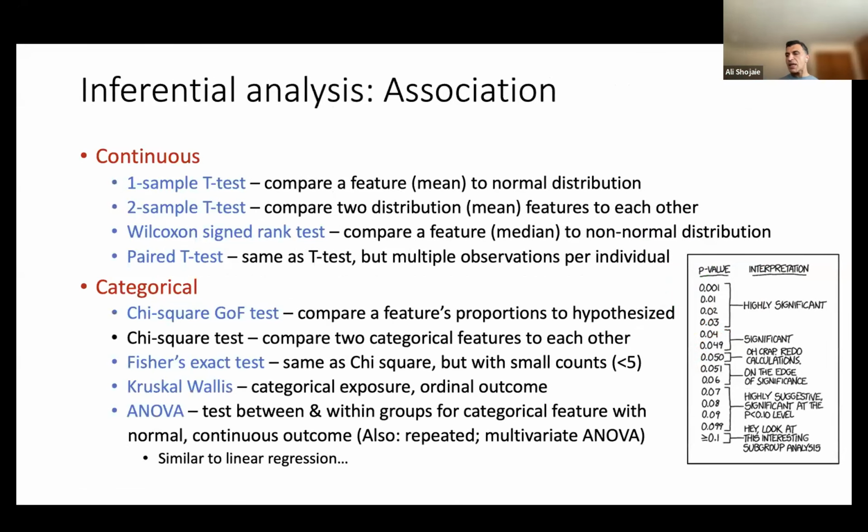Okay, so let's talk a little bit more about inferential analysis. Now that we talked about descriptive analysis a little bit, let's think about inferential analysis. And there are two different ways that we can think about inferential analysis. One is in the context of associations, and that's the cartoon that I had on the first slide, that we know that correlations and causations are not the same.